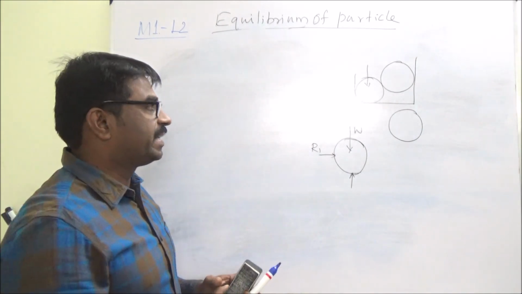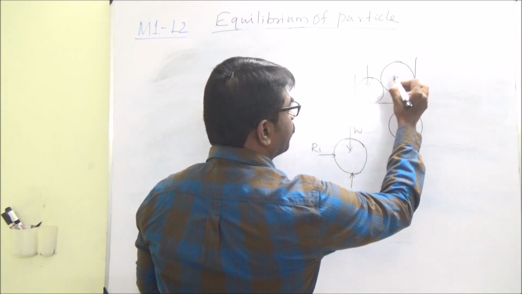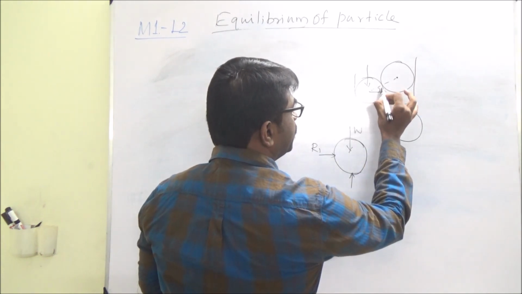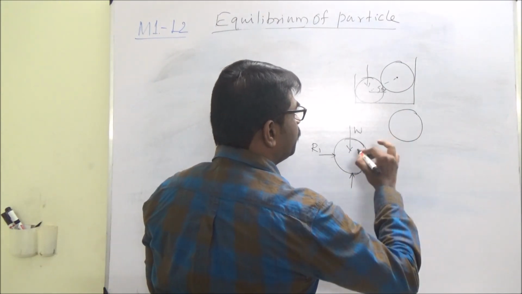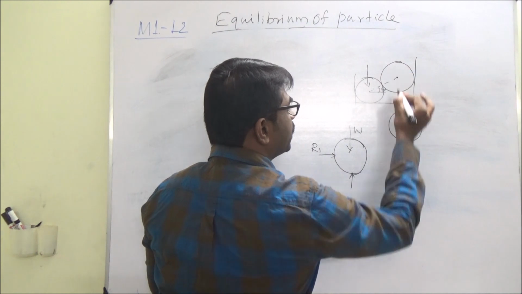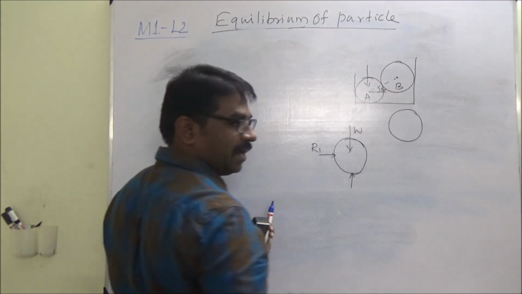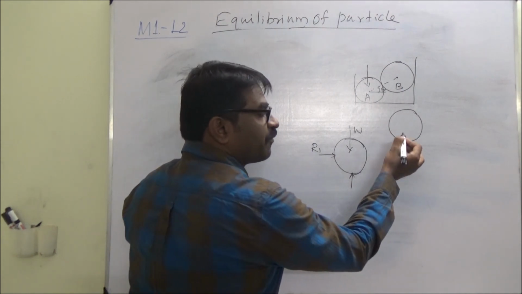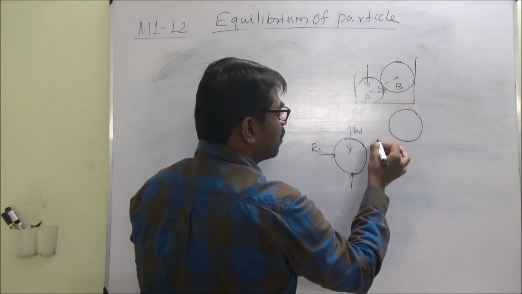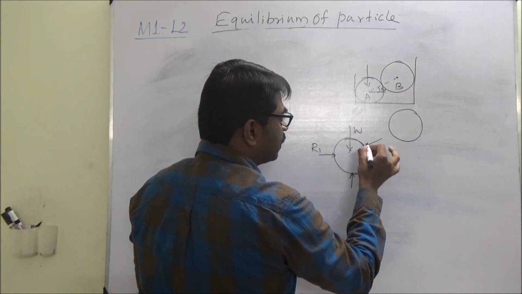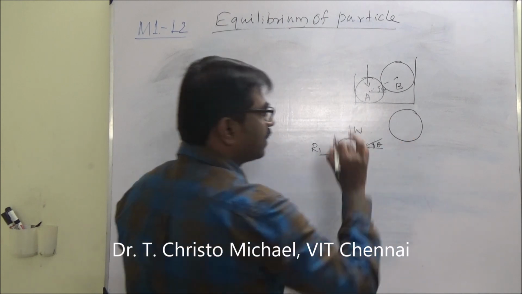That we have already discussed. Now say this is A and this is B, then the effect of B on A has to be represented in the same line of action. That means this is the angle theta.